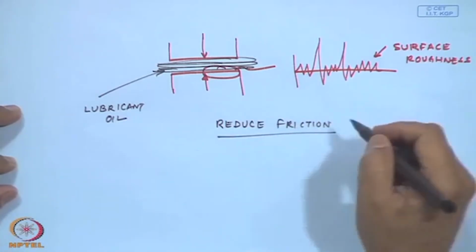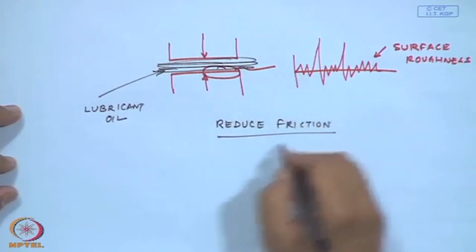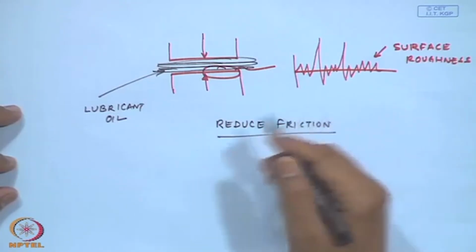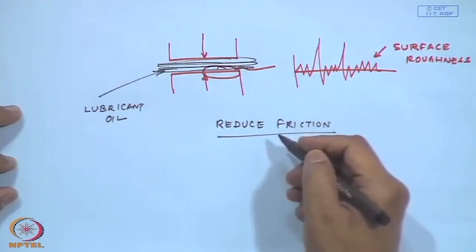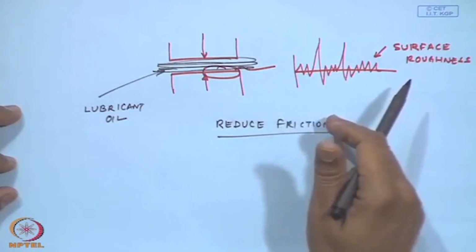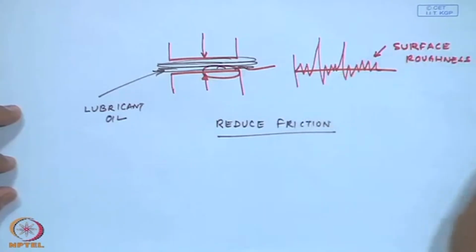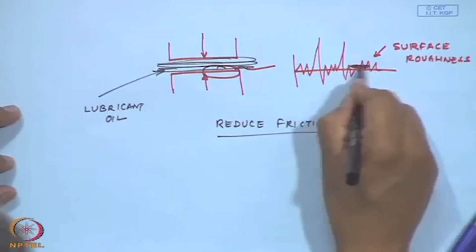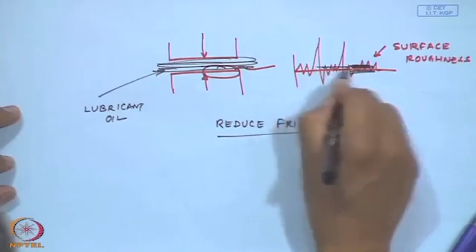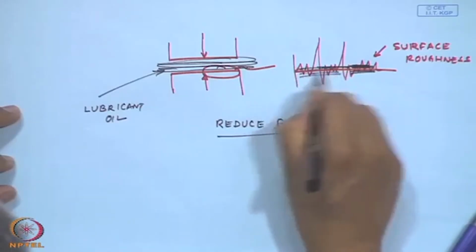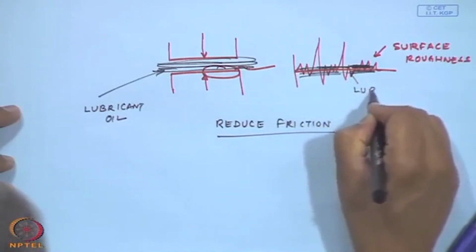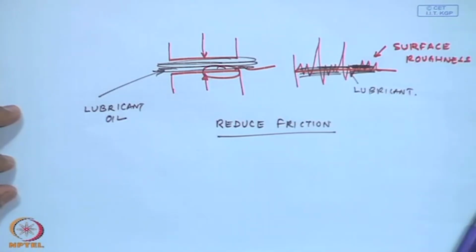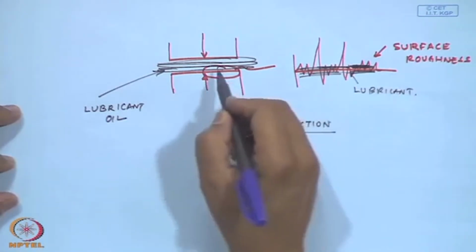Reduction of friction between two meeting machine members means that the forces or the power consumed to move them will reduce. Friction can be reduced by closing these asperities in these surfaces by having this lubricant here. But in the process, what happens?